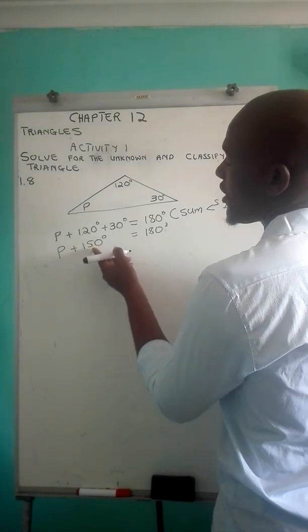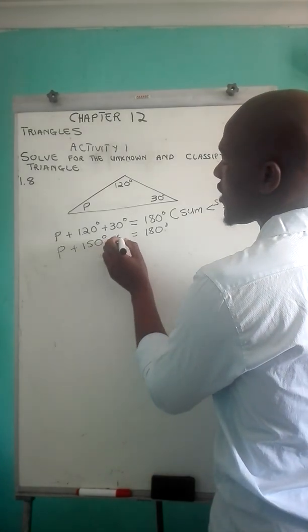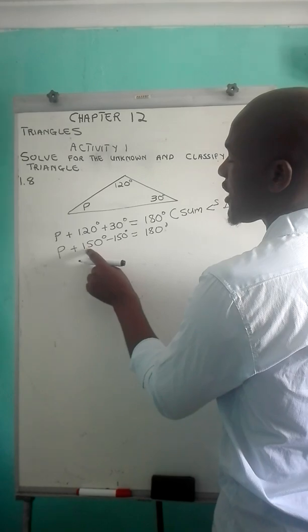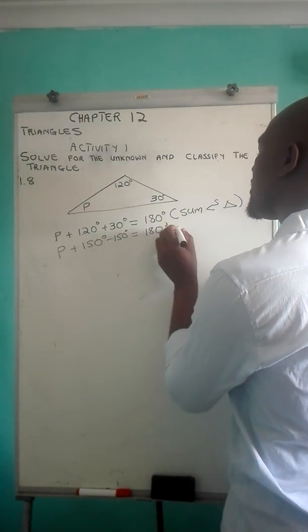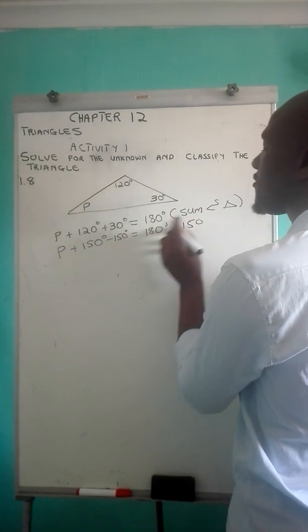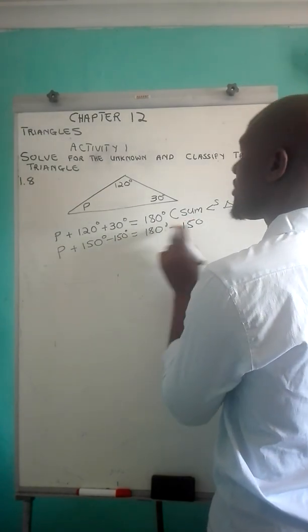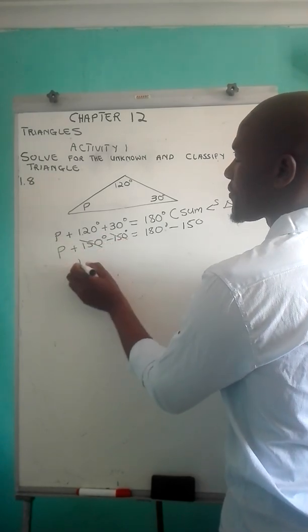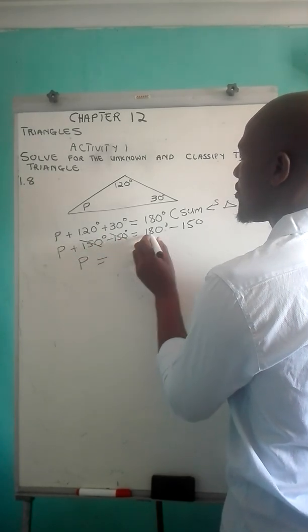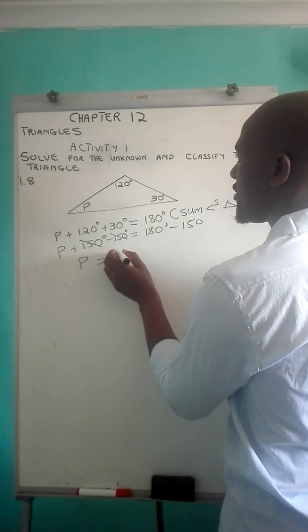Now, I don't want this 150. I must subtract 150 because I don't want this 150. What you do on the left hand side, you also do on the right hand side. If I subtract 150 on this side, I must subtract 150 on the other side. P, what is 180 minus 150?